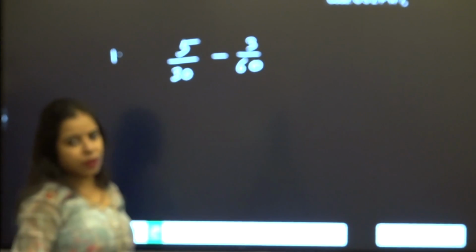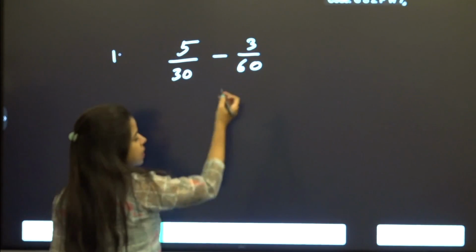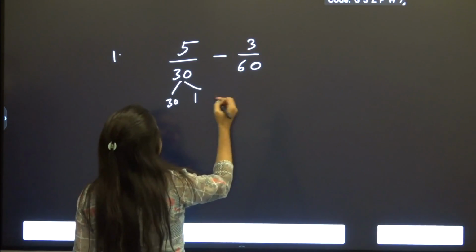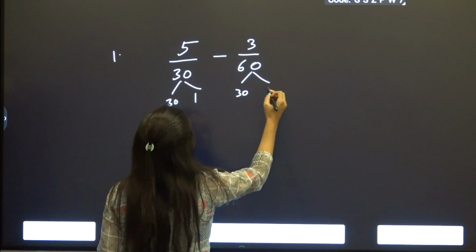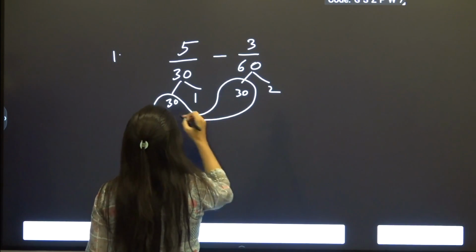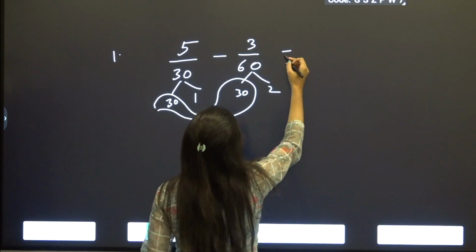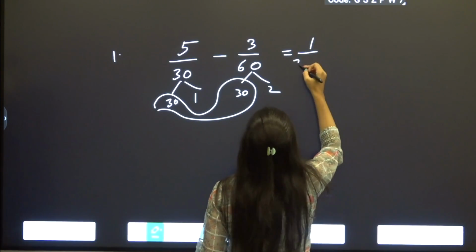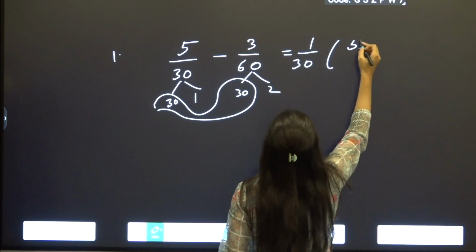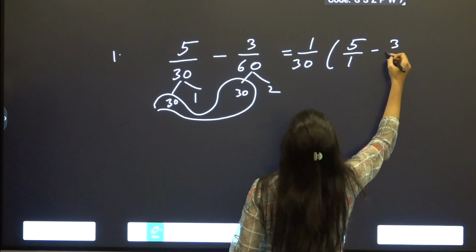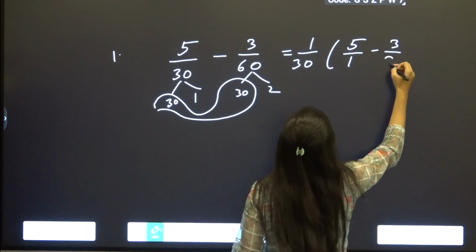Now we know that 30 and 60, what is the common part? 30 is 30 into 1 and 60 is 30 into 2. So the common part is 30. So this can be handled like 1 by 30 times 5 by 1 minus 3 by 2.